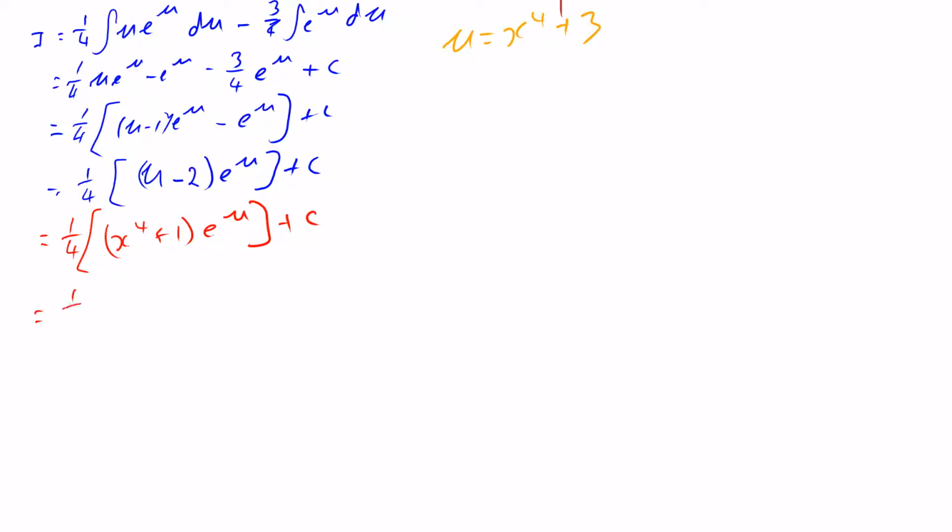So a quarter e to the u, which is e to the x to the 4 plus 3, lots of x to the 4 plus 1 plus c. And that is our answer to the integral in fully simplified form.